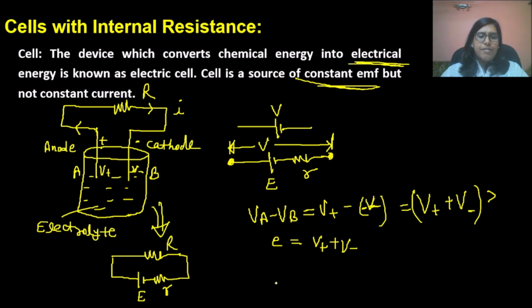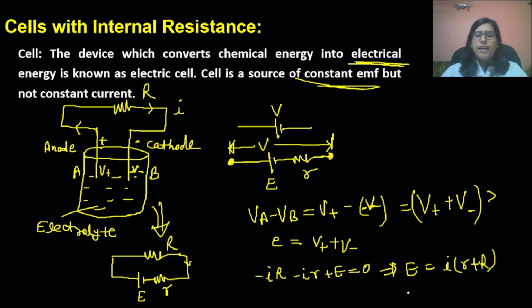So if we write the equation here with current I, from KVL we can write minus IR minus Ir plus E equals to 0. So from here E will be I into R plus r, or we can say current I equals E upon R plus r.